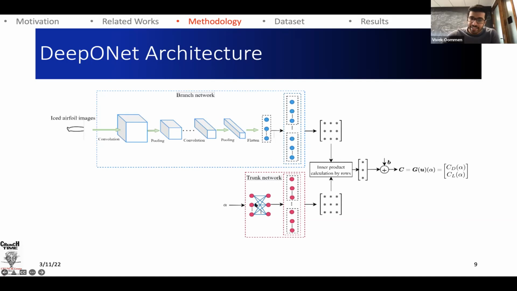The trunk net takes the angle of attack alpha as the input. The output of the branch network and the output of the trunk network are subjected to an inner product, and then a bias is added, and they predict multiple functions: the coefficient of drag as a function of alpha, and the coefficient of lift as a function of alpha, which is the input to the trunk net. So this is what they're doing.